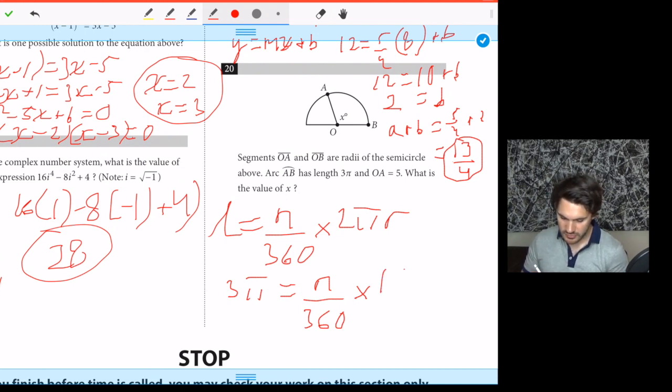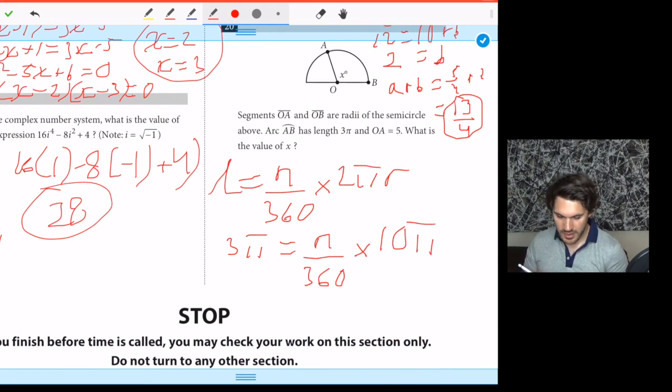So it's equal to 10 pi. So now all we have to do is solve for n, or in this case, x. And if we do that, the pi's are going to be gone. So we have 3 equals n times 10 over 360, which is the same thing as 3 equals n over 36.